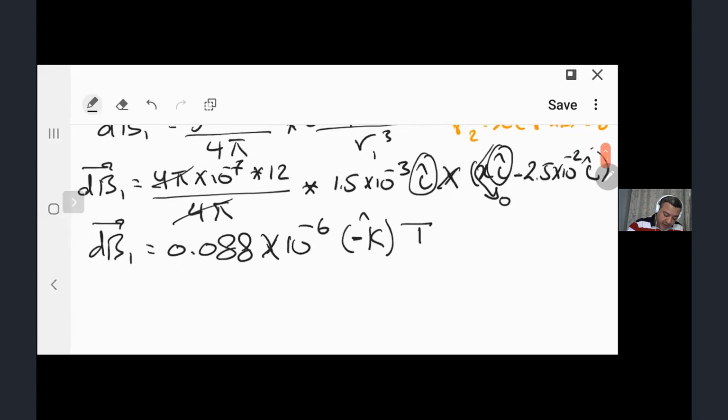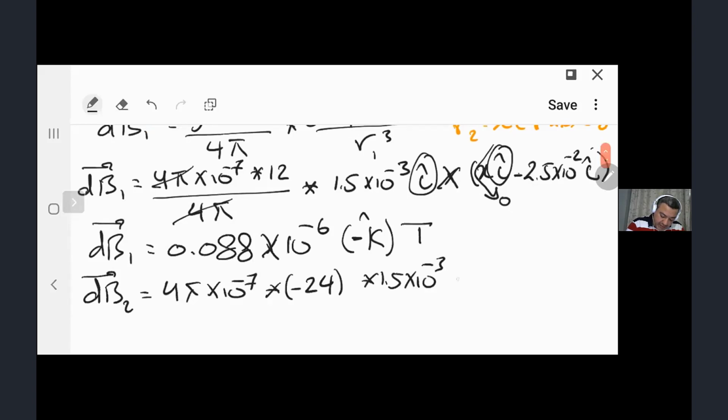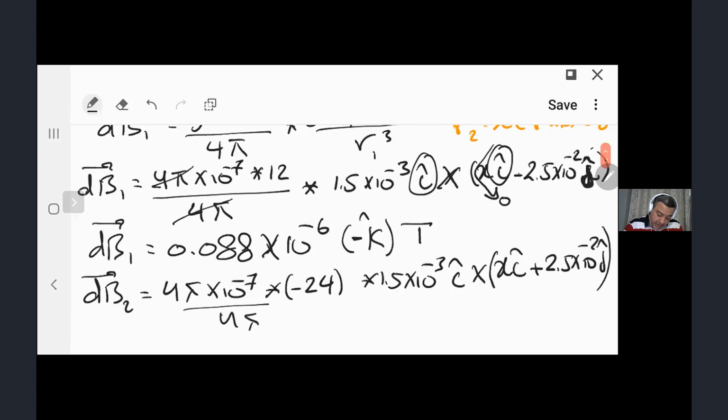Now, if you do the same for dB2, minus 24 times 1.5 milli i hat cross x i hat plus 2.5 times 10 to the power minus 2 j hat, divided by 4 pi.